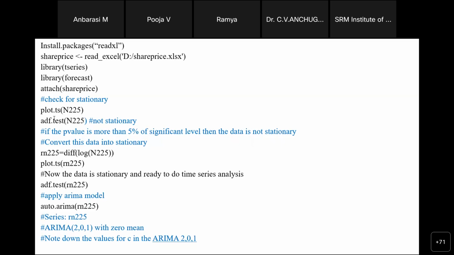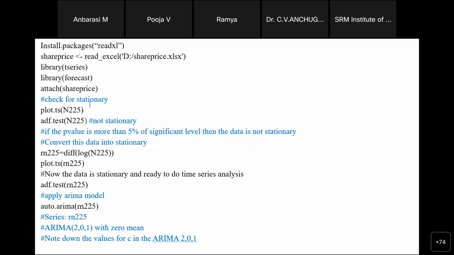The intercept value is 4 times e to the power of minus 4, which is nothing but 0.001. You specify the intercept value plus AR1.